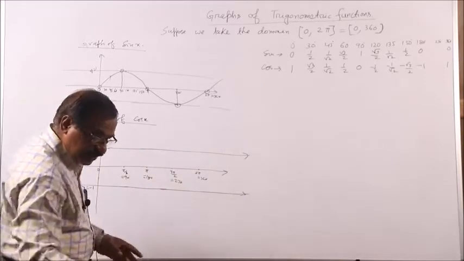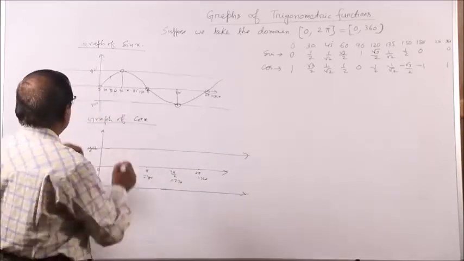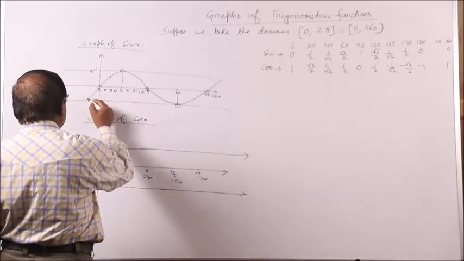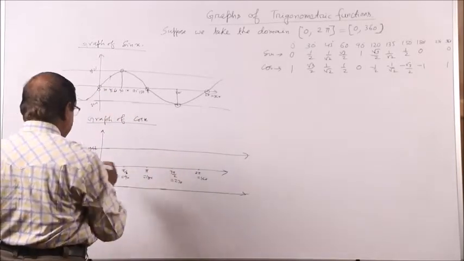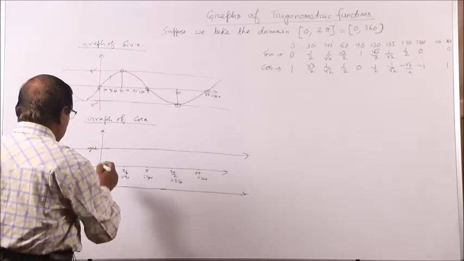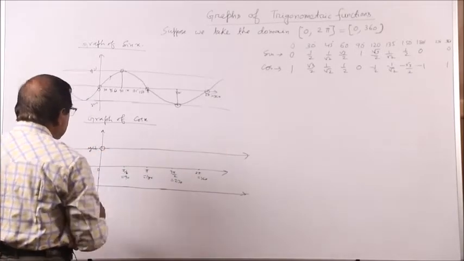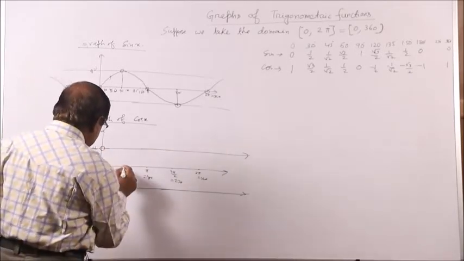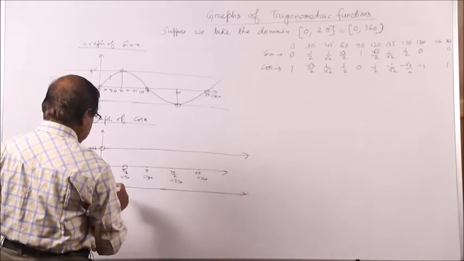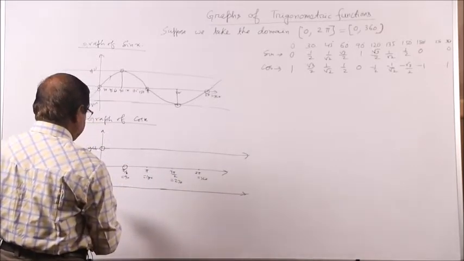This is y is equal to 1, this y is equal to -1. So, the only difference is sine 0 is 0 and this graph is also like this, because this is an infinite graph. You see here in cos 0 is 1, here the graph starts from here, cos 90 is 0.